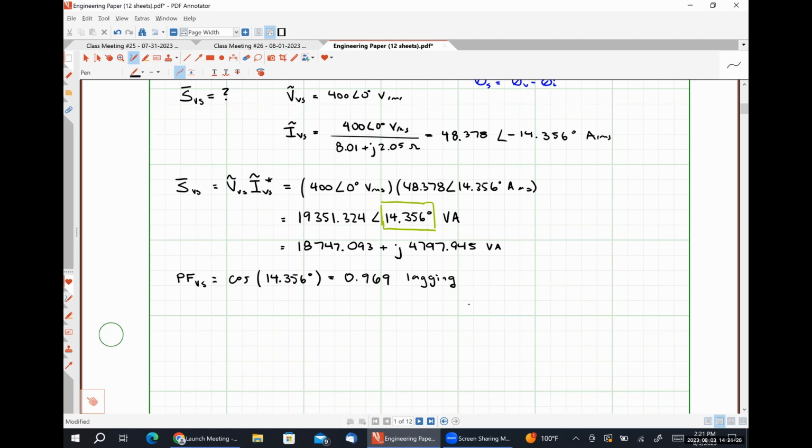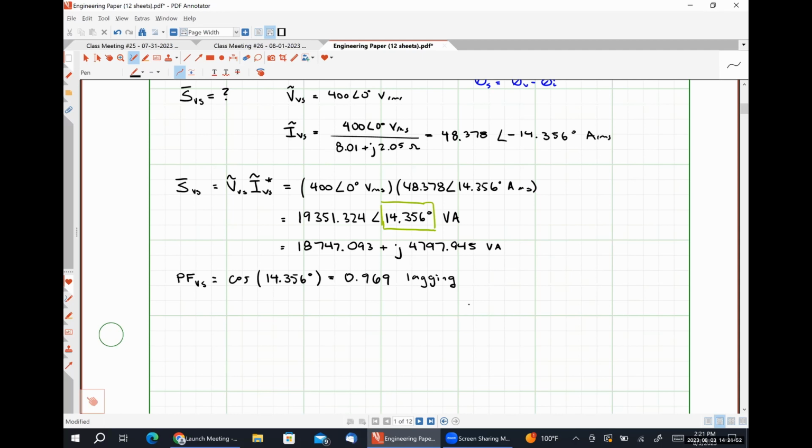An electrical utility, depending on which utility it is, has different thresholds that they're looking for. Some utilities are looking for a power factor of 0.975 or higher. Others are looking for a power factor of 0.95 or higher. And if you don't hit this power factor, they're going to fine you.